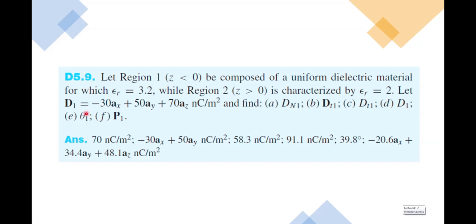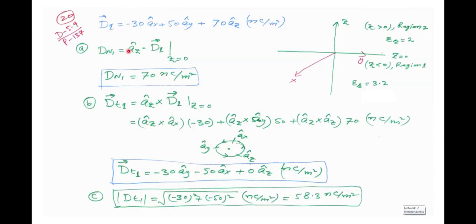Theta is actually the angle between the D field and the normal to the interface, and the polarization. The step-by-step solution to this problem is given on slide number 20.